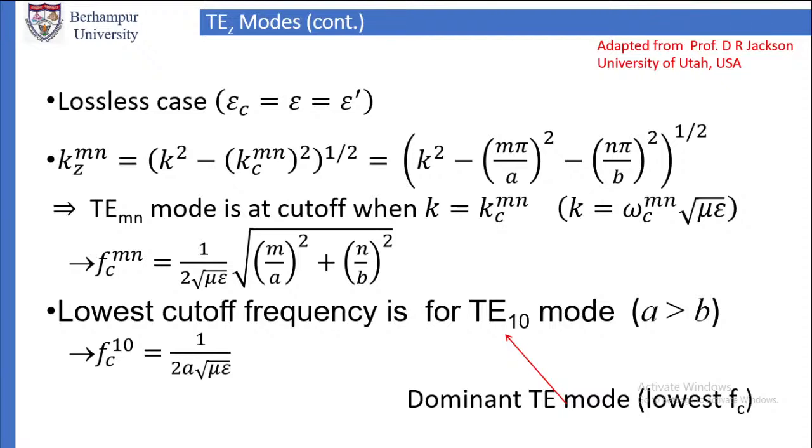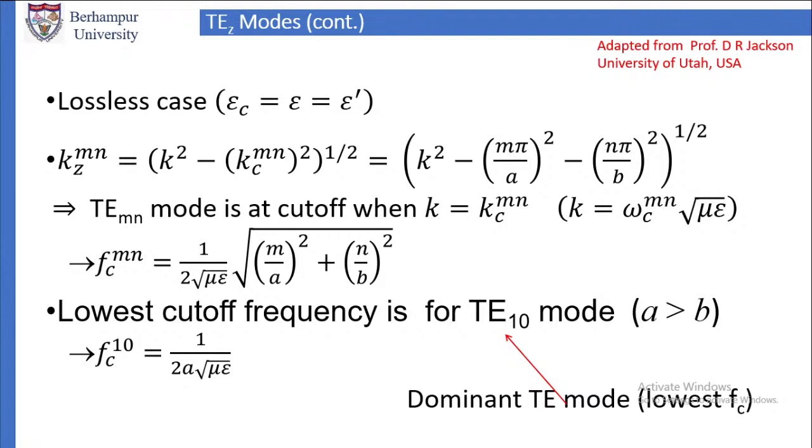Now from that you can find, if you do not understand this, there will be a problem. So kz is equal to 0. The wave number must be positive if we want to have wave propagation, so kz must be non-zero. If kz becomes 0, the propagation stops. Below that, kz becomes imaginary.